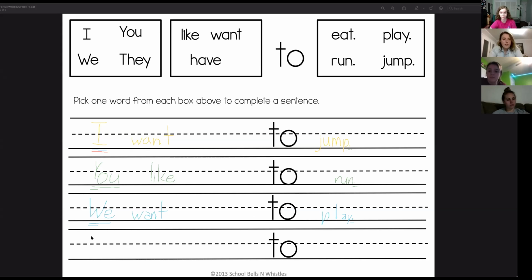I said they have to eat. Okay. So they have to eat.